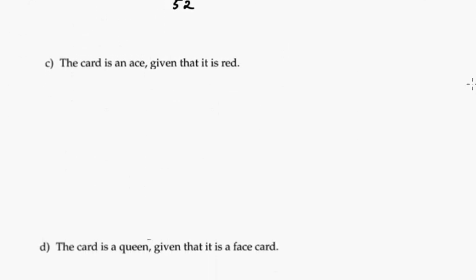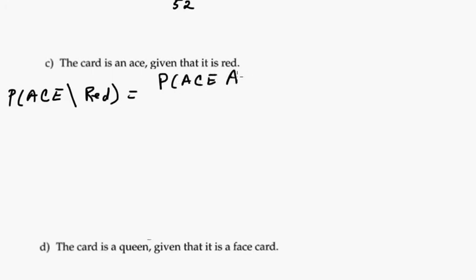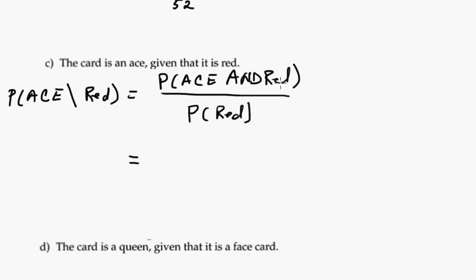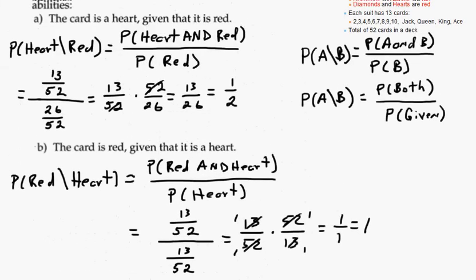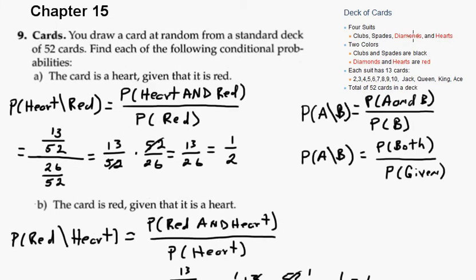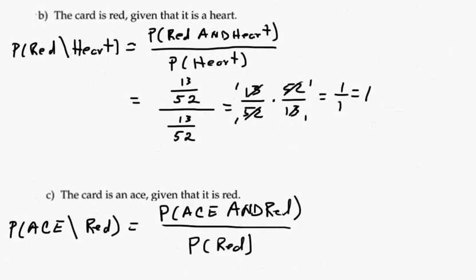Let's look at another one. The probability of an ace given it is red. That's the probability of an ace and red divided by the probability that it's red. For ace and red, there are 2 red suits, diamonds and hearts, and each has an ace, so that's 2 out of 52.